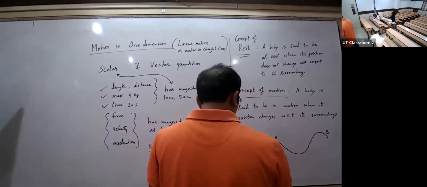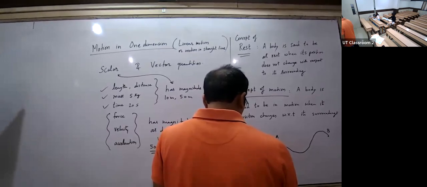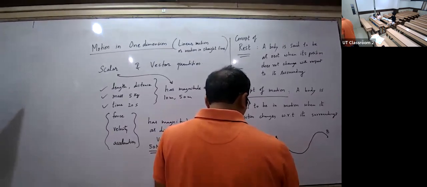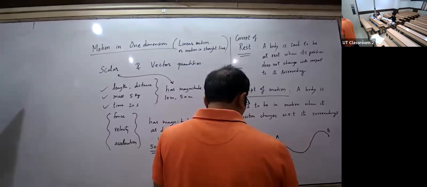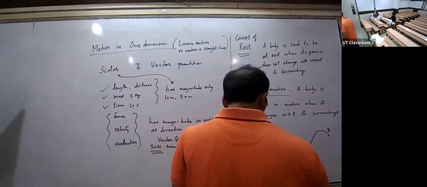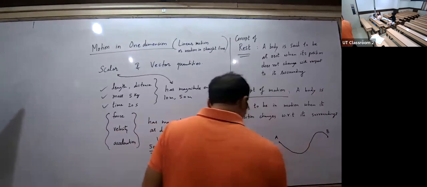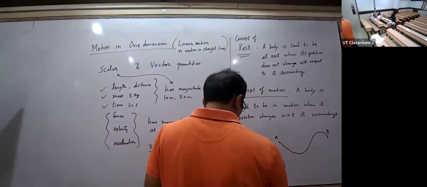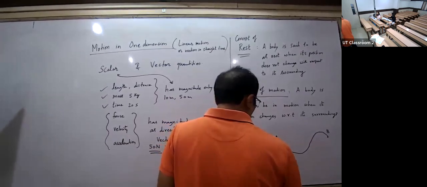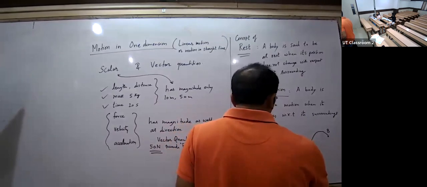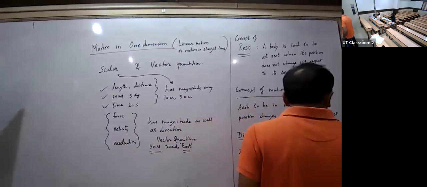Distance is the actual path length. A is called the initial position, and B is the final position.